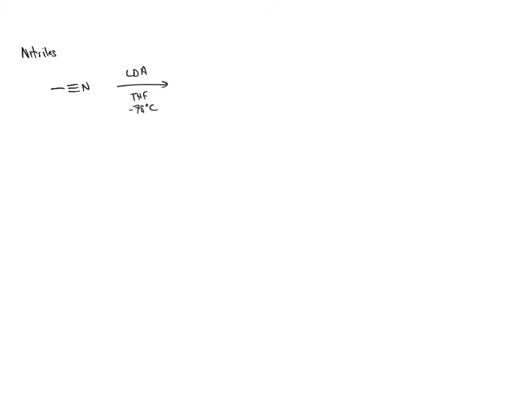Now, where does this come from? This comes from the fact that you've got alpha CHs to a pi system. And so you can take LDA and do a deprotonation. And so we can get this species here, which can resonance delocalize up into the nitrogen atom.